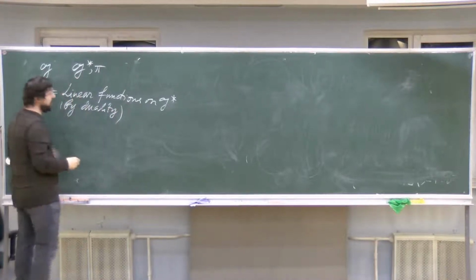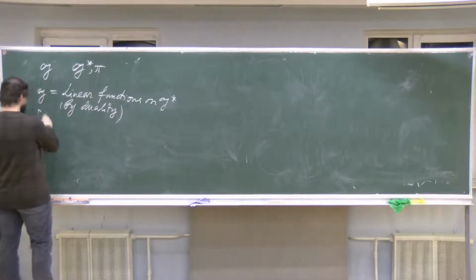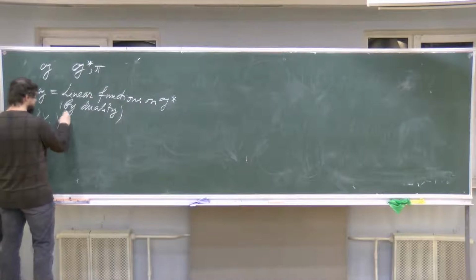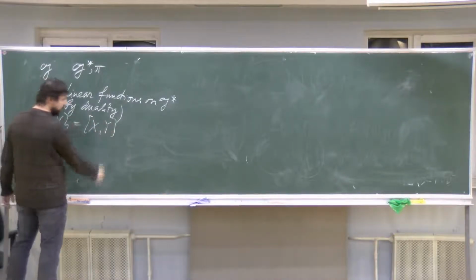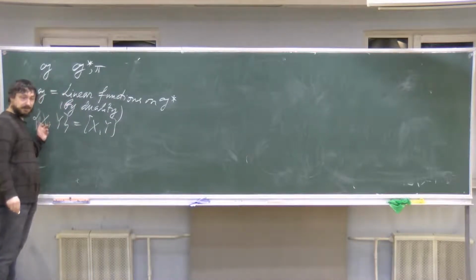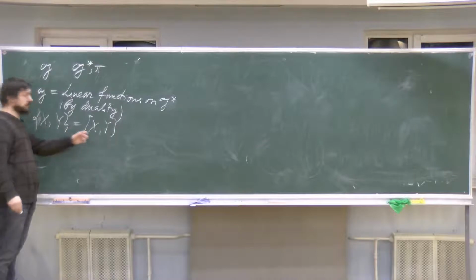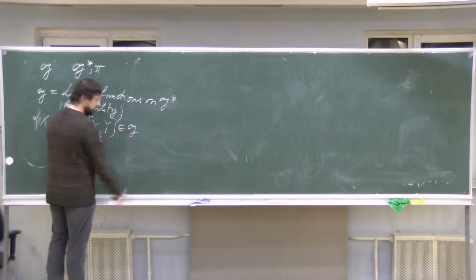So you have two linear functions on G star, then you say that their Poisson bracket is equal to their Lie bracket. Right? So this is a linear function, this is a linear function, and this is also a linear function. This also belongs to G.